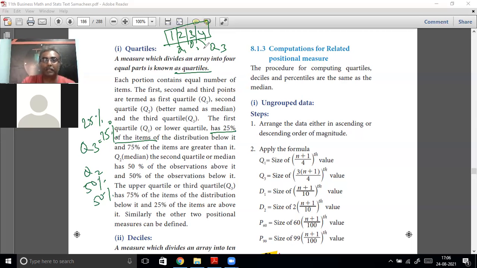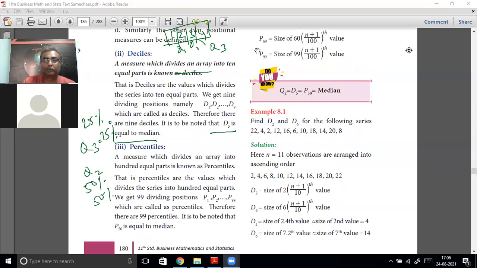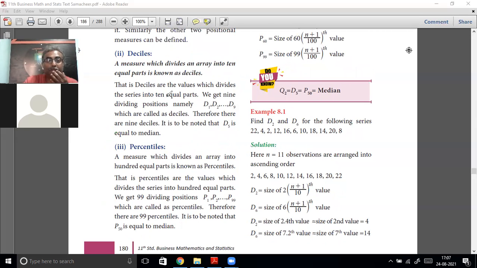Now, what is decile? Decile also very simple. Decile values divide the series into 10 equal parts. You get 9 dividing positions, so D1 to D9 you will get. Okay.